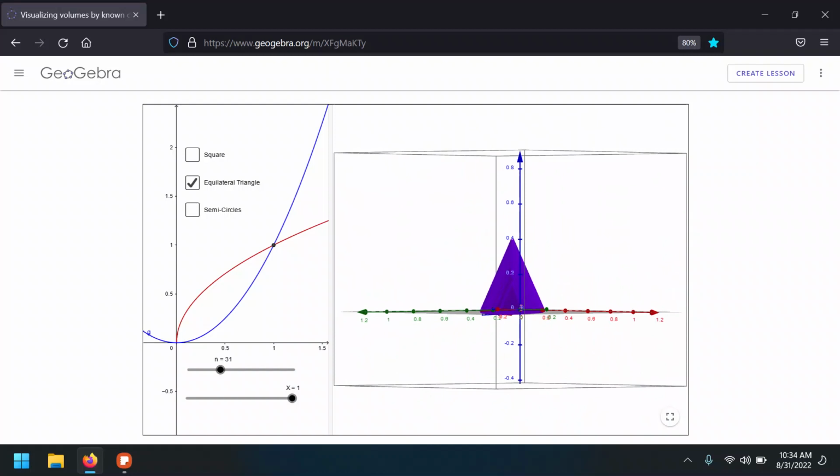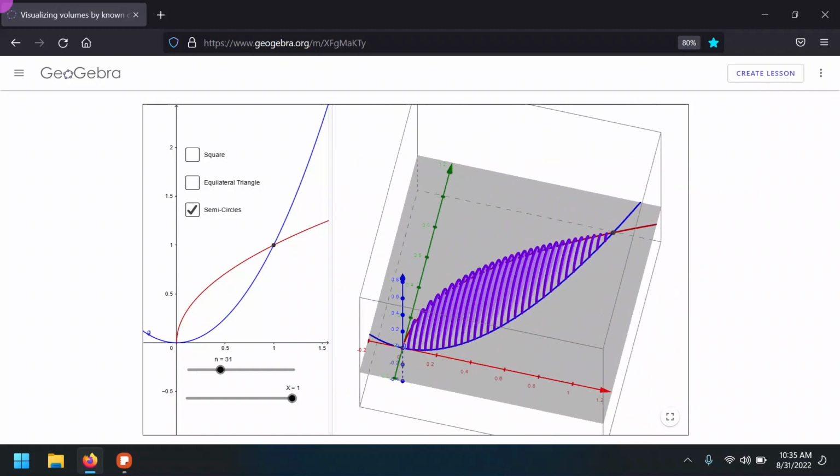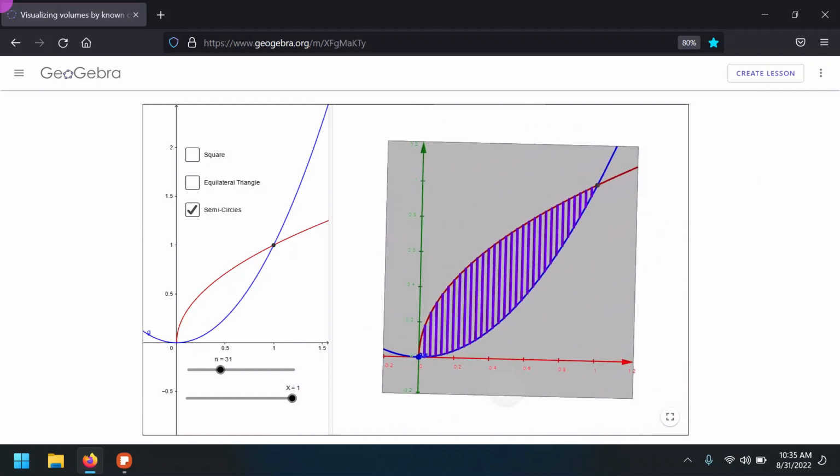The other possibility is having semicircles. This looks sort of like the rotation about the x-axis or the y-axis because of the circular shape. However, in this case, this region is not being rotated. What we're doing is putting circles, or rather semicircles, popping out of the paper, and from the 2D perspective it's going to look like this.